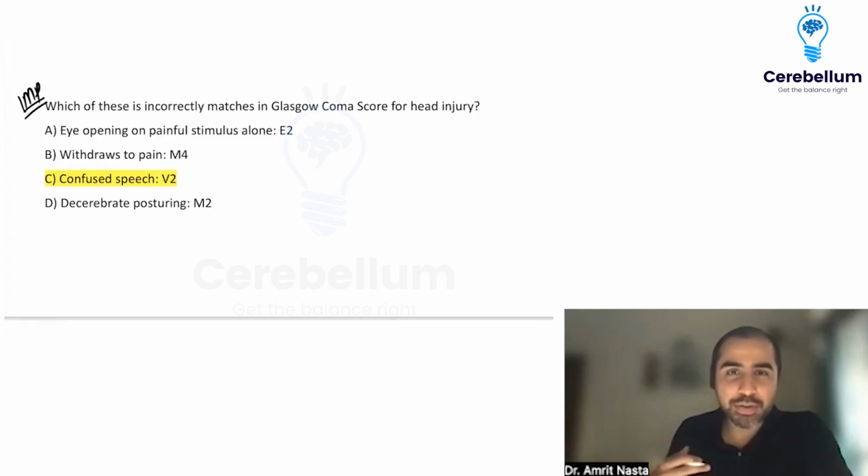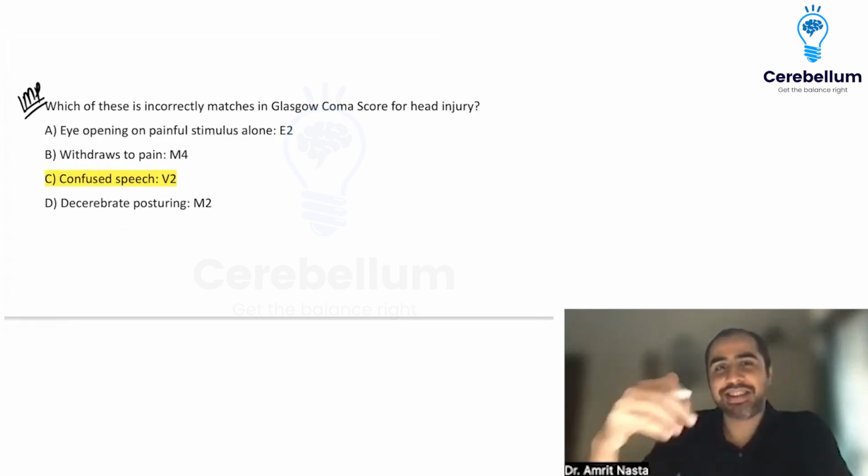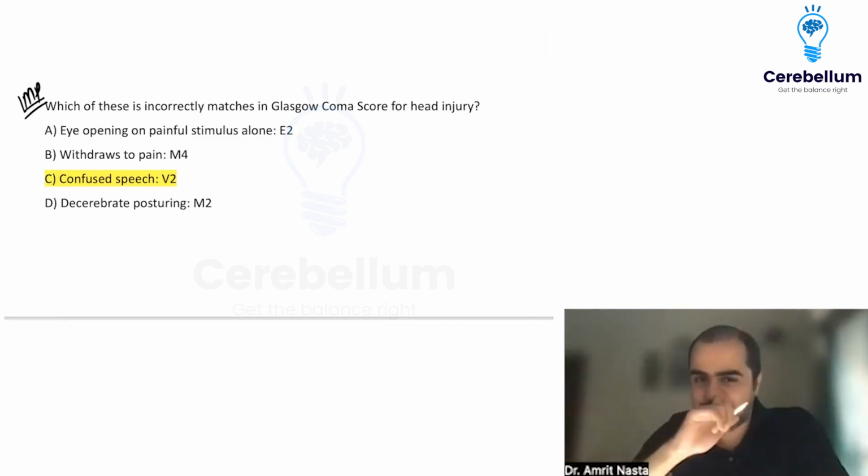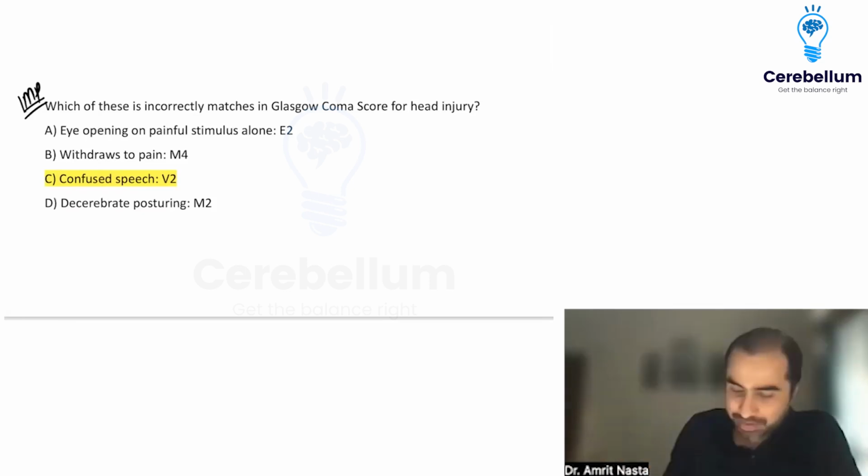Incorrectly matched, this should be matched. In GCS, eye opening on painful stimulus is E2. Withdraws to pain, this one's a tricky one. Withdraws to pain is going to be M4.